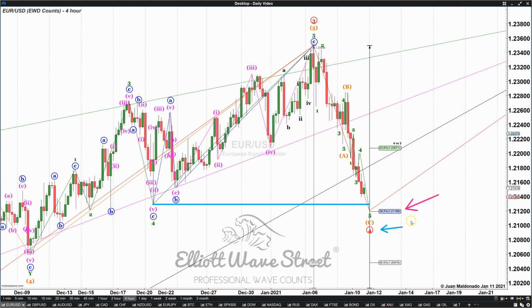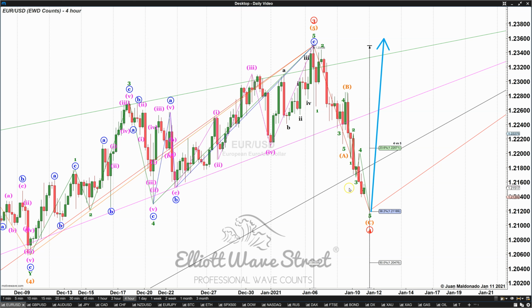After that, we can start to respect the move to the upside. So we have the 38.2%, and the target will be the previous high where wave 3 finished.